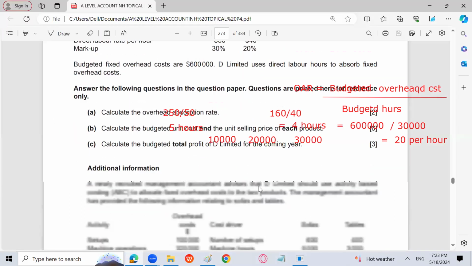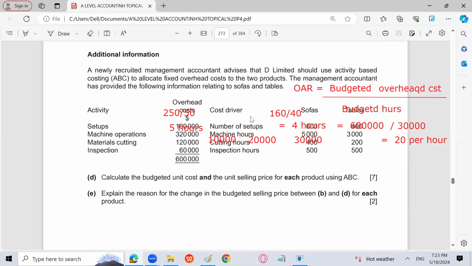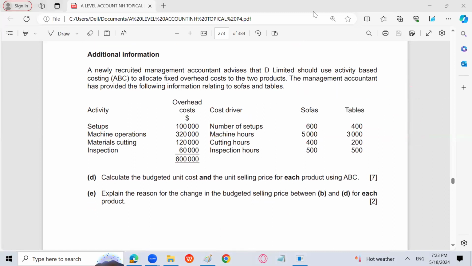The next part says additional information. A newly recruited management accountant advises that D Limited should use activity-based costing to allocate fixed overheads to the two products. The management accountant has provided the following information relating to sofas and tables. Activities, overhead, and cost drivers are given.